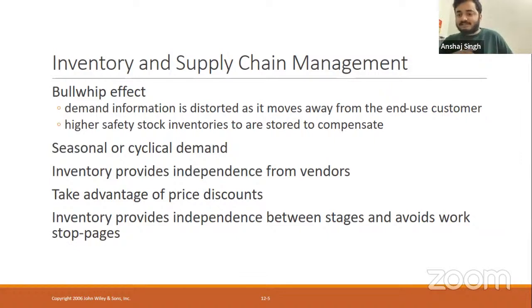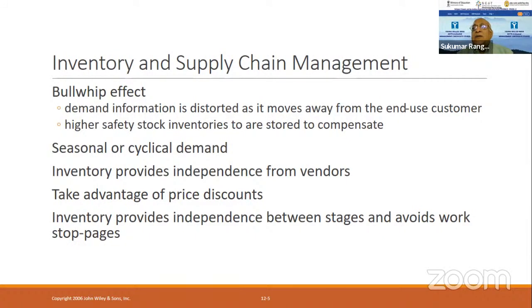So the easiest definition of a supply chain is that if you are a processor, you are a supplier, and you are a supplier, let's say we go 5 stages back to the basic material. Now, let's go forward.